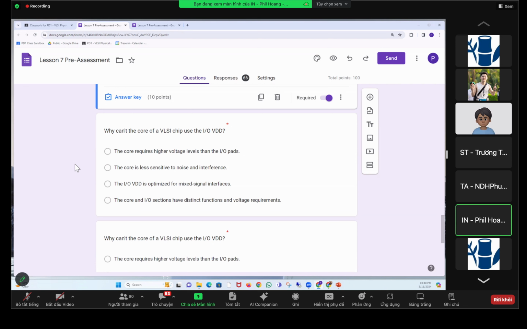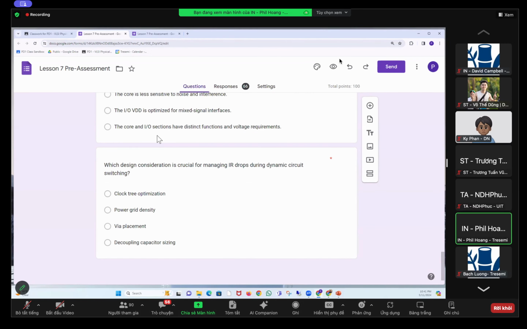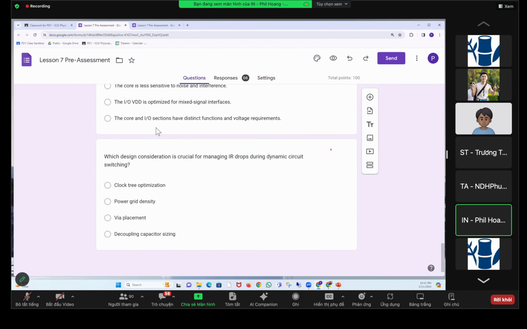Which design consideration is crucial for managing IR drops for dynamic circuit switching? Clock tree optimization, power grid density, via placement, decoupling capacitor sizing.